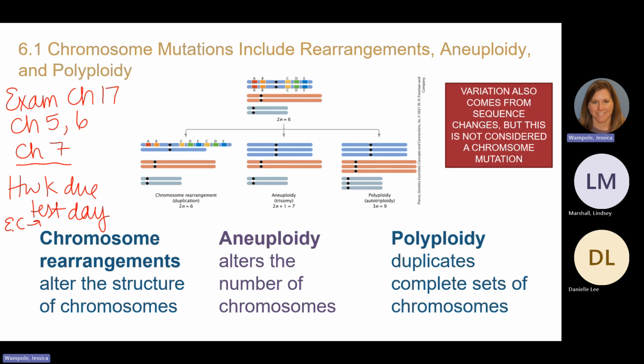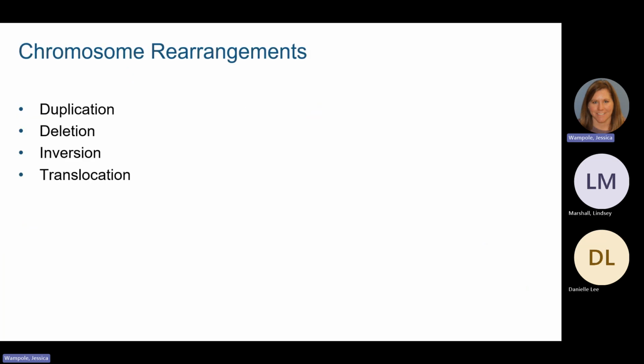We have already talked about duplication and deletion. So sometimes those happen in tandem. Kind of depends on the actual crossover event. But if you're looking at crossing over in meiosis, lining up, usually what happens is that one chromosome has a duplication, the other one has a deletion because recombination happens and moves a chunk of the chromosome.